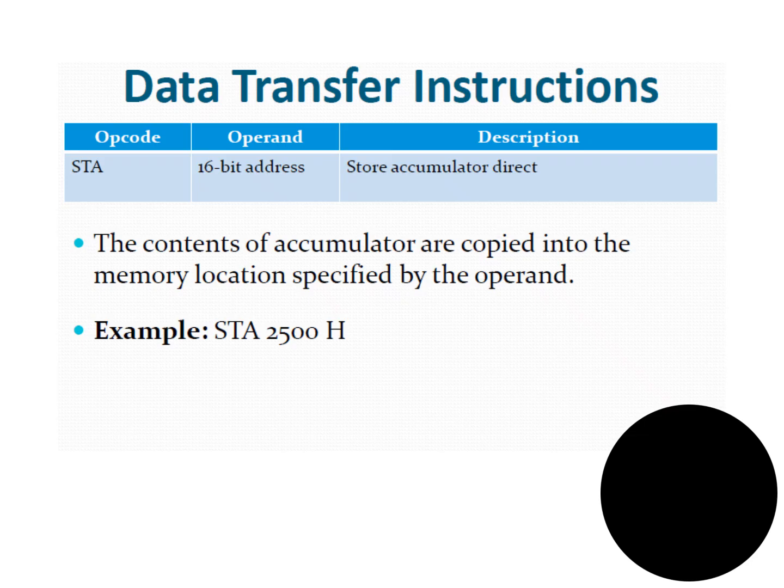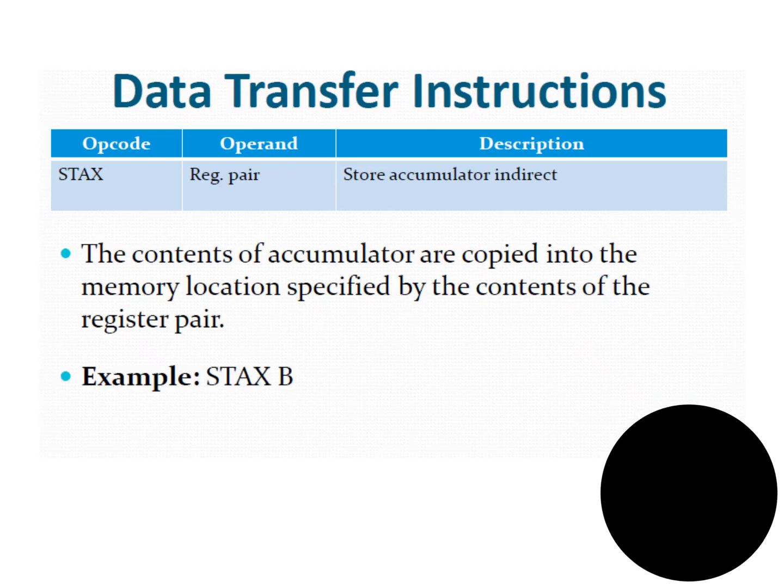Here, for example, STA 2500 means the 8-bit data held by the accumulator will be copied into the address 2500. And next, STAX B means the content of the accumulator will be moved to the memory location pointed to by the BC register pair.